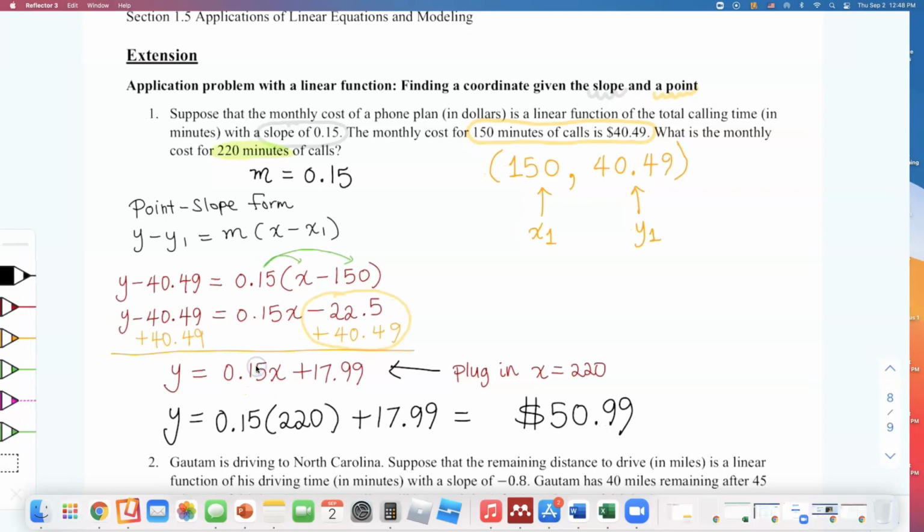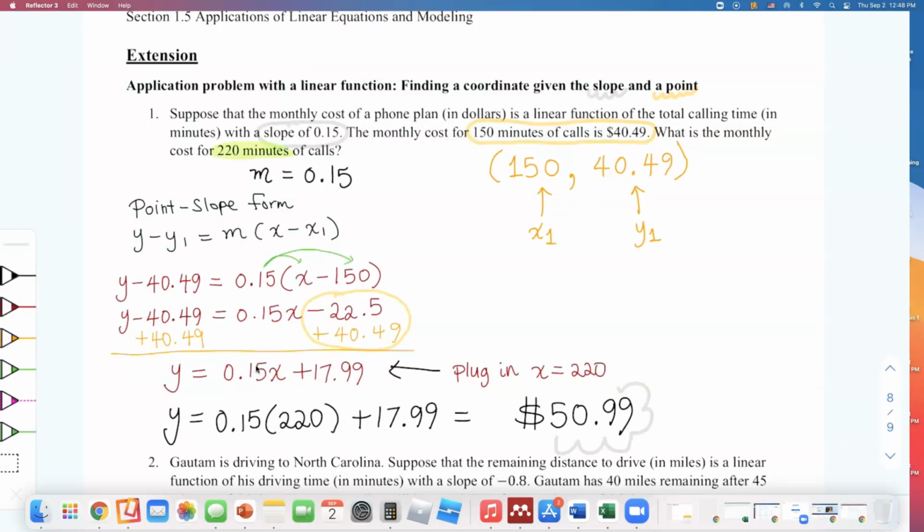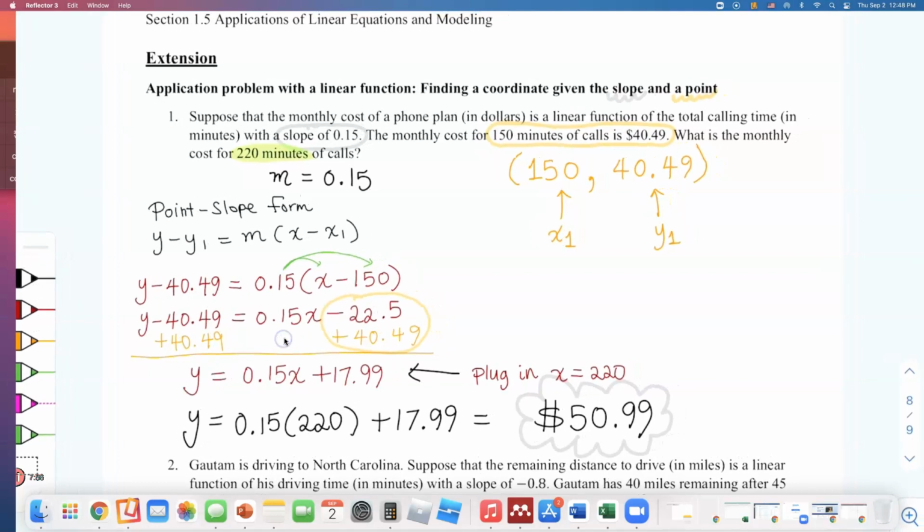So the answer is $50.99. And because I did it this way for this problem, I'll do the same method for the other ones too, okay? So I'll keep on practicing writing the point slope form, distributing and solving for it, so that you see a similar thing over and over.